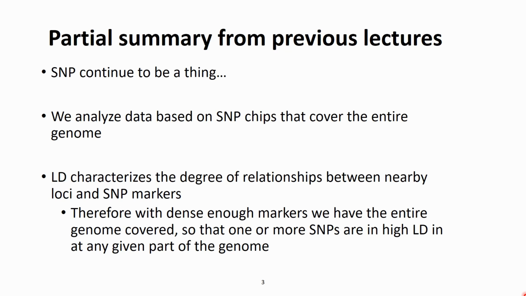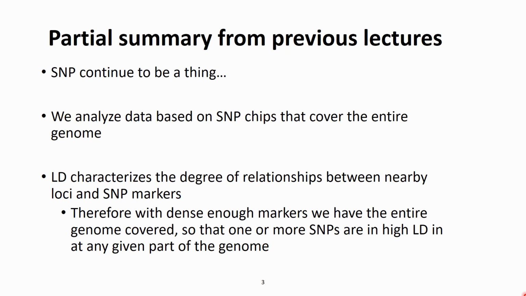So we continue to talk about SNPs, the single nucleotide polymorphisms. We also continue to talk about the so-called SNP chips that cover the whole genome, and we analyze the data based on this. One of the returning topics, the linkage disequilibrium, or the LD, characterizes the degree of relationships between nearby loci and SNP markers.